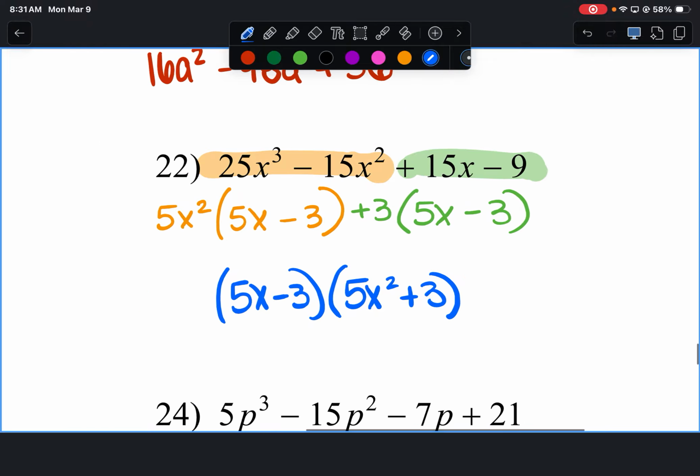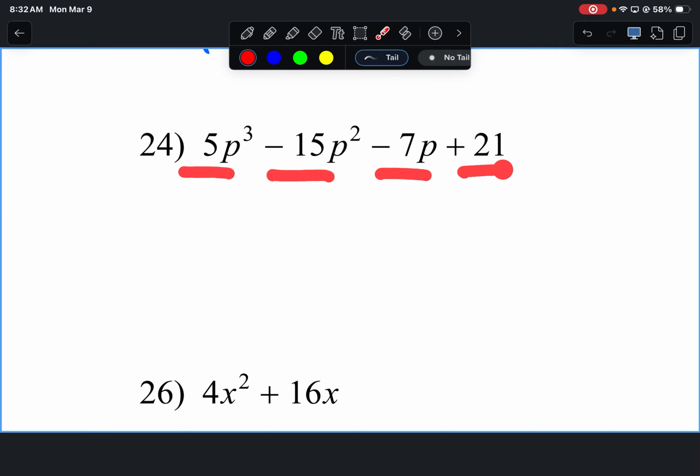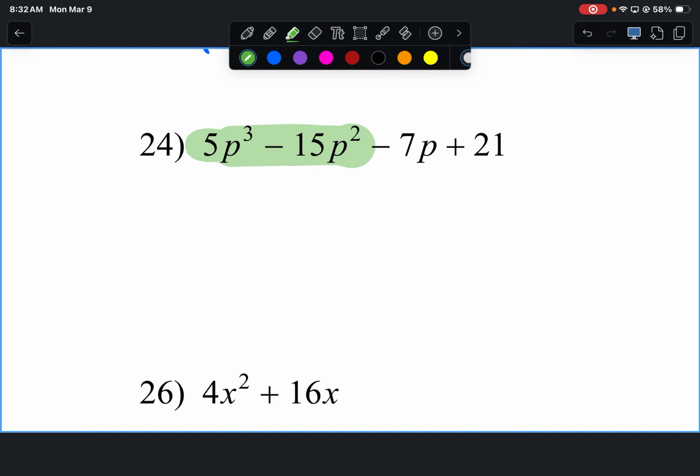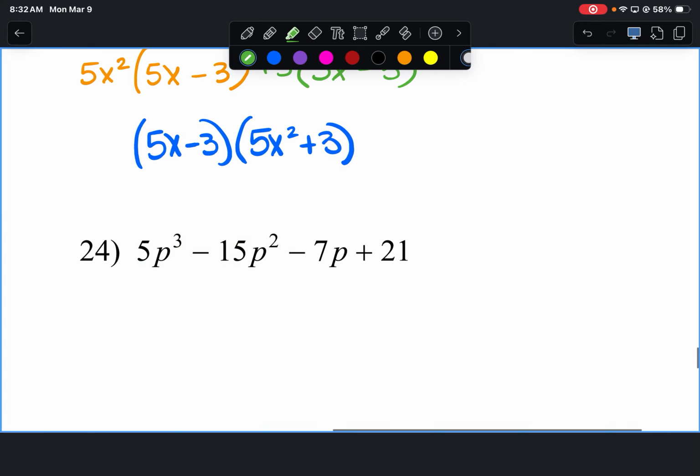Okay. Question 24. How many terms is that? 4. Is there a greatest common factor between 5, 15, 7, and 21? No. Okay, so we're going to group the first two, and we will group the last two. Let's start with grouping the first two.